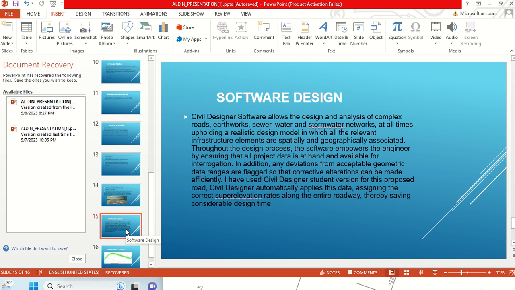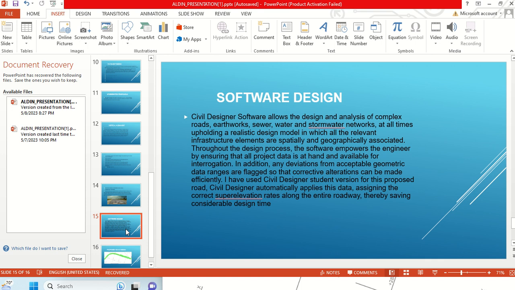For this road, I've used the Civil Designer software, which allows the design and analysis of complex roads, earthworks, sewer, water, and stormwater networks, while at all times upholding a realistic model in which relevant structural elements are geographically associated.